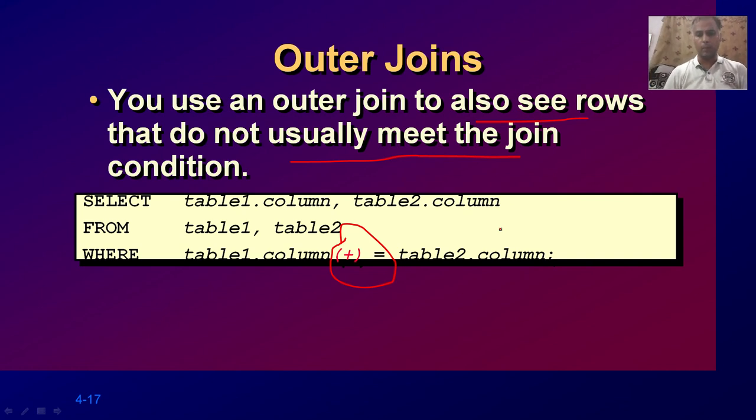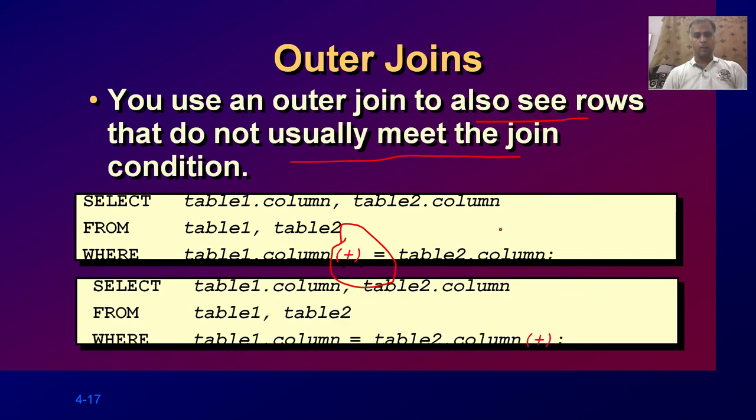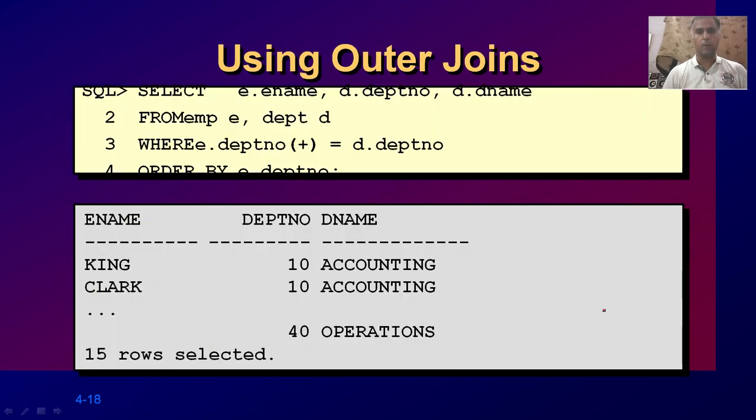We can use the plus sign to display them. This is the left outer join, and this is the right outer join; the plus sign is important. Here you can see select ename, d dot department name from emp e, department d where e dot department number plus equals d dot department number.